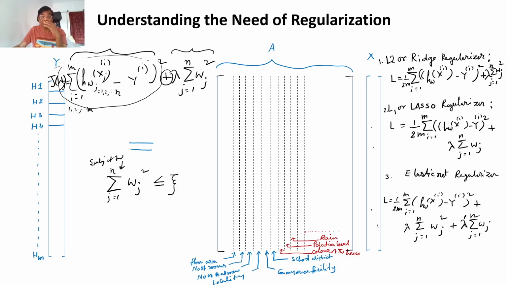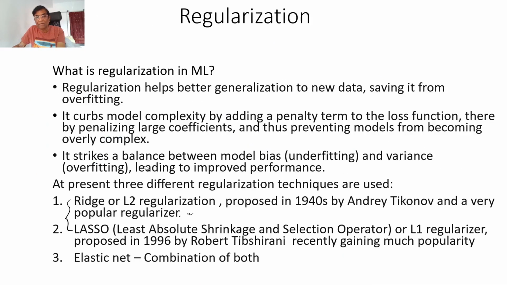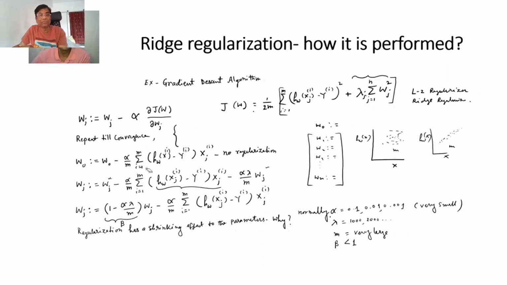It's independent of w, so differentiation with respect to w will vanish. Adding this has a greater meaning: we are trying to optimize with a constraint, which is a regularizer.